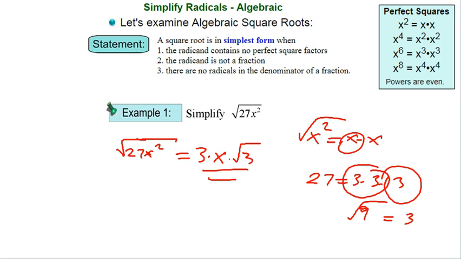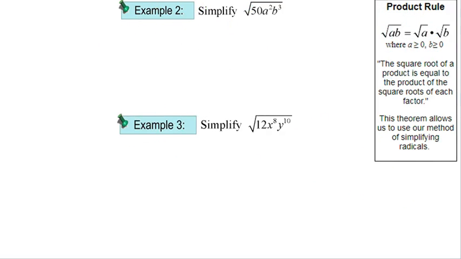Let's move on to the second problem. Before we focus on it, we see right here a product rule. It states that the square root of a product is equal to the product of the square roots of each factor. We're going to use this product rule to simplify radicals.